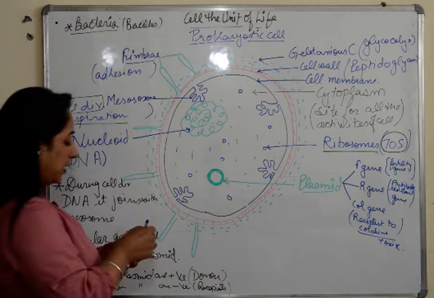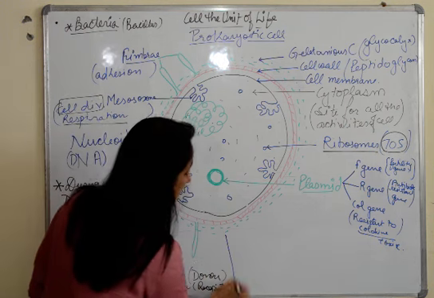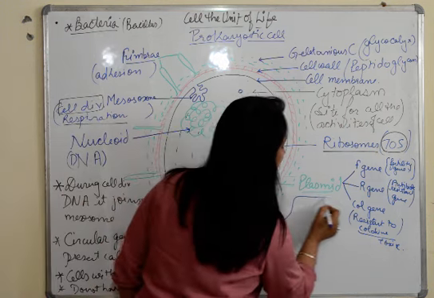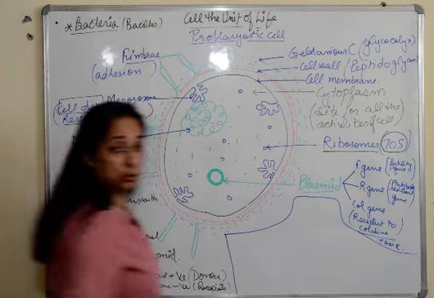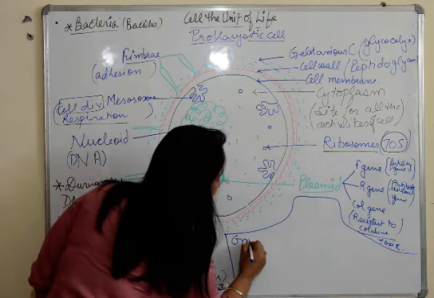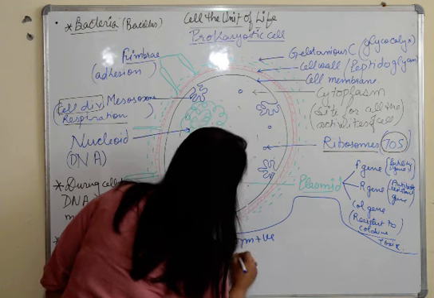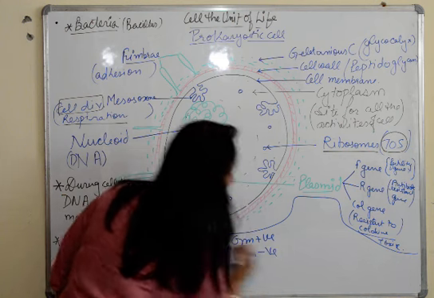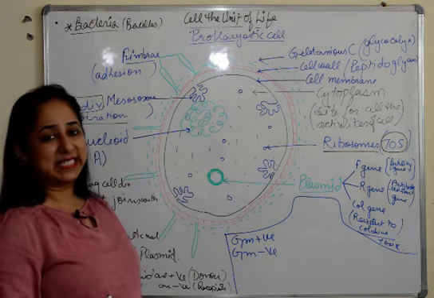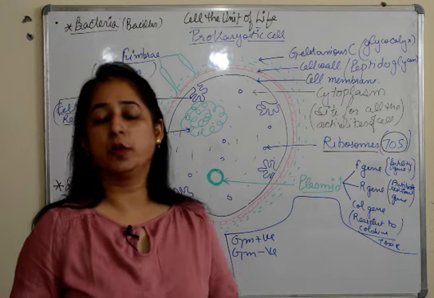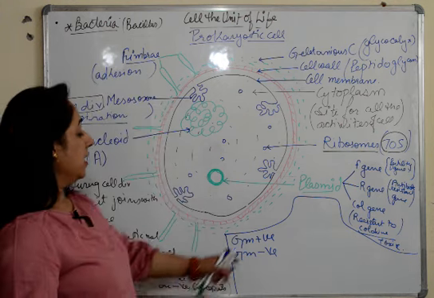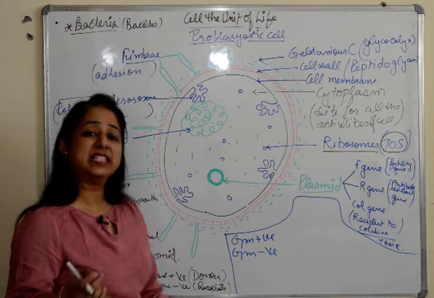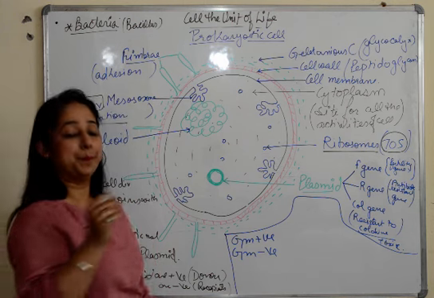You must have heard about the terms gram positive and gram negative bacteria. What are those? There is a gram stain, the name is from the scientist who did this experiment. Gram stain is the stain which stains the bacterial cell purple.